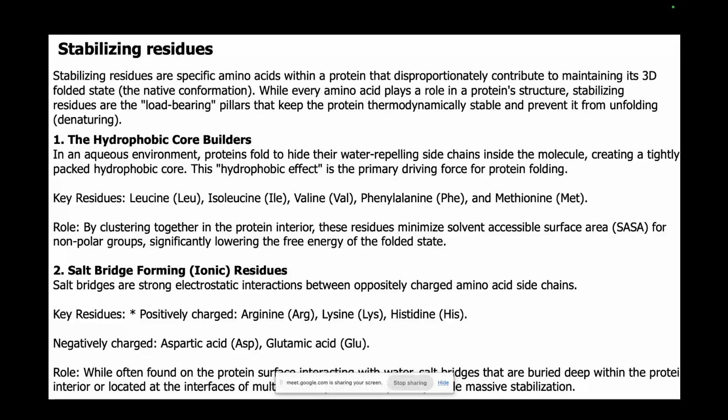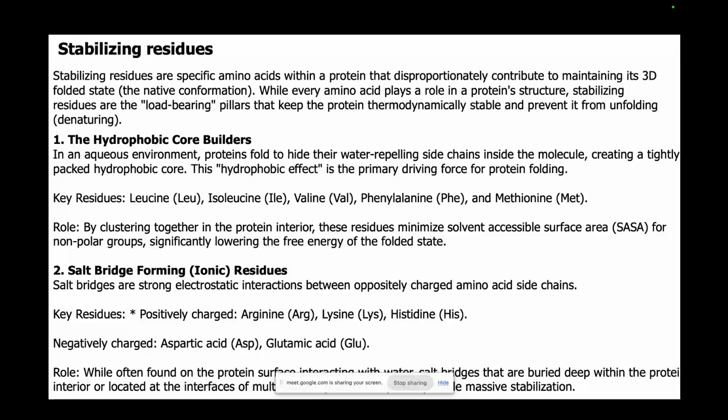Inside the protein, where these folds are occurring and you have amino acid residues buried, mostly it will be your hydrophobic non-polar residues, including leucine, isoleucine, valine, etc. These amino acids cluster together inside the protein interior, and these residues minimize solvent accessible surface area for non-polar groups, significantly lowering the free energy of the folded state.